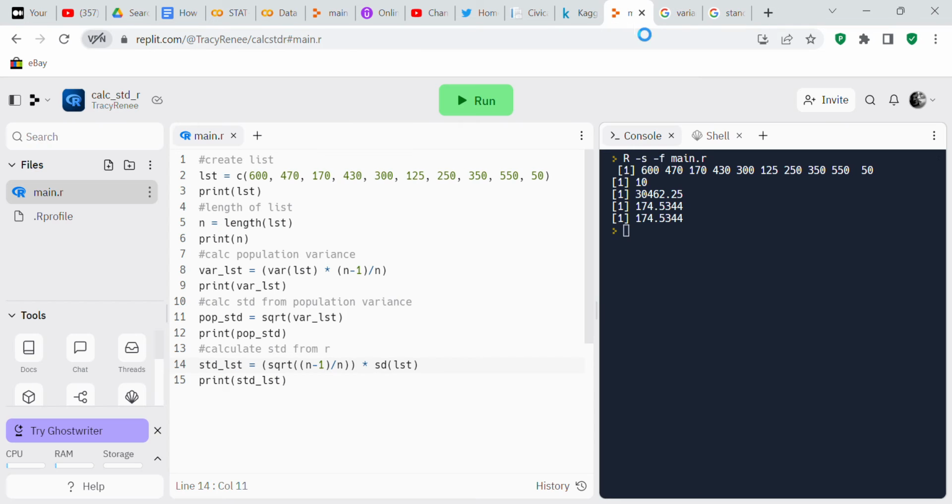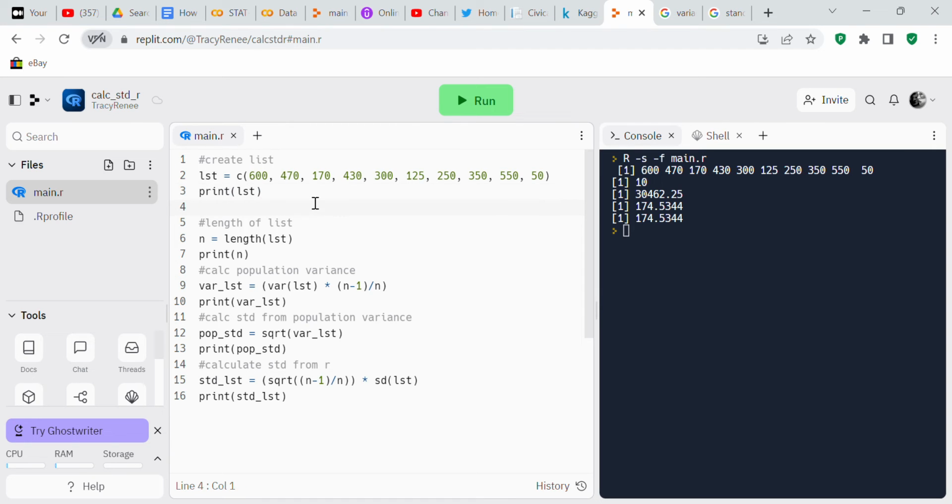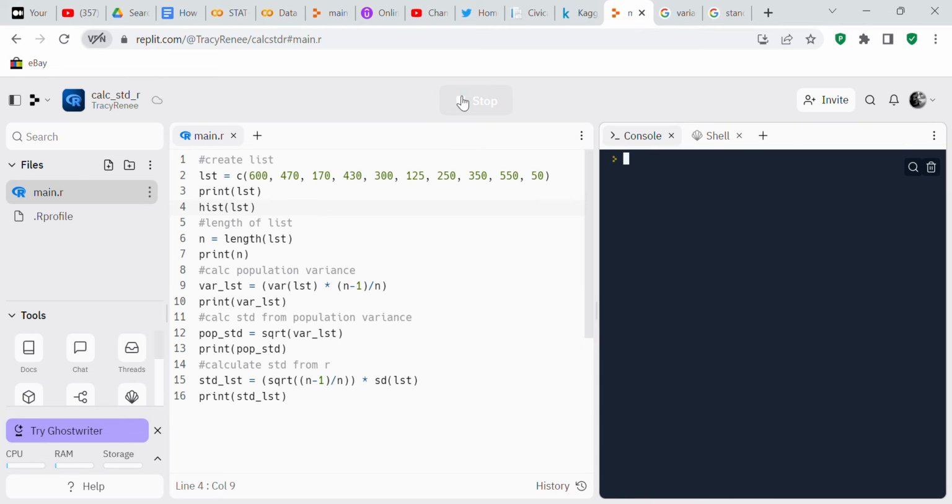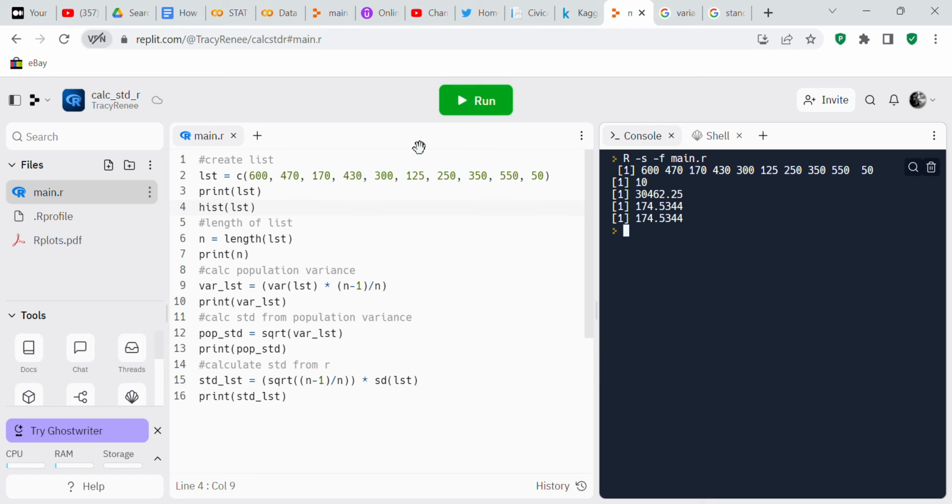So what I thought would be really neat, let's do this. Let's do a histogram. So look at the plot.